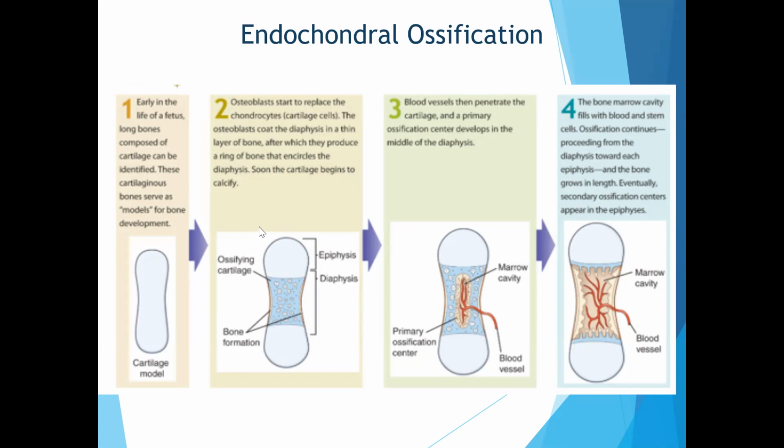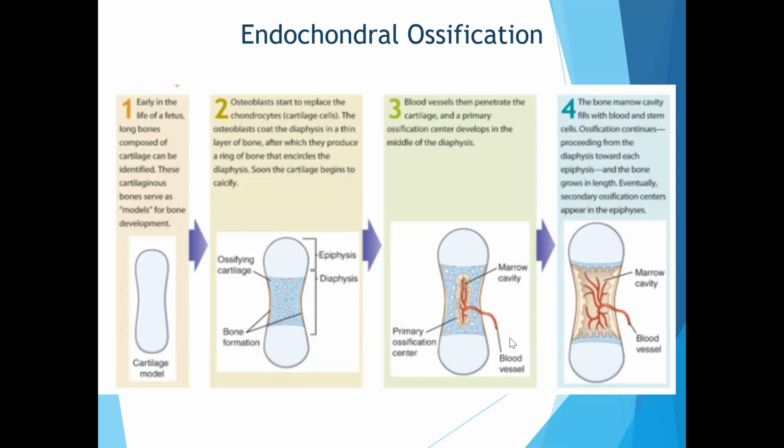Chondrocytes are cartilage cells, and that makes up the majority of the bone initially. Slowly, osteoblasts are going to replace the chondrocytes. They begin to coat the diaphysis in a thin layer, and then they'll start to produce rings of bone that'll begin to encircle the diaphysis. And these blasts start to lay down bone, which causes the cartilage to start to calcify.